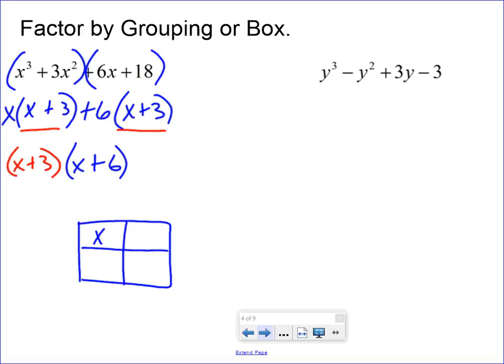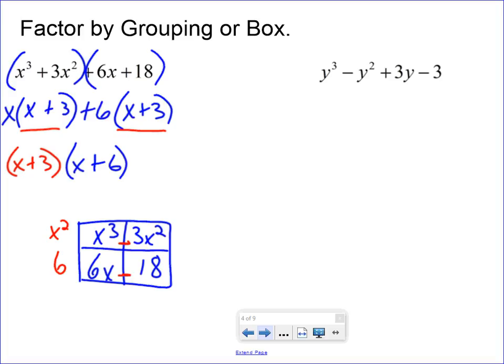Okay, so I use the box method. I fill in each of these boxes with one of the terms from the original expression. And then I simply look across the rows and the columns to see what's common. So if I look across these two right here, I would notice that I have an x squared common. If I look across these two, I would notice that I have a 6 common.